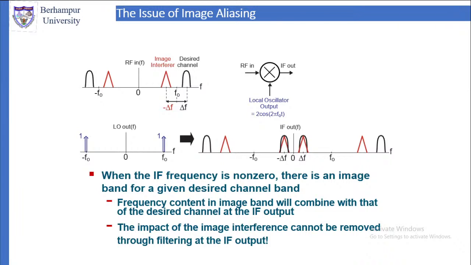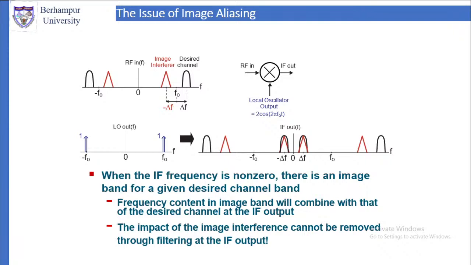Assume that. If the IF frequency is non-zero, this image band for a given desired channel band will always contain an image band, and it will combine with that of the desired channel at the IF band. That you can see in the bottom right hand figure.